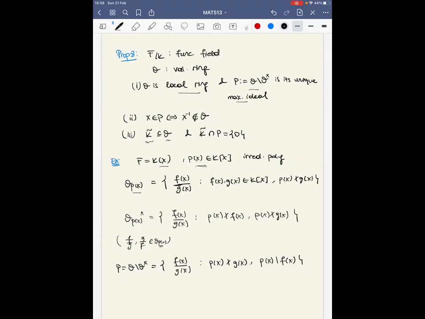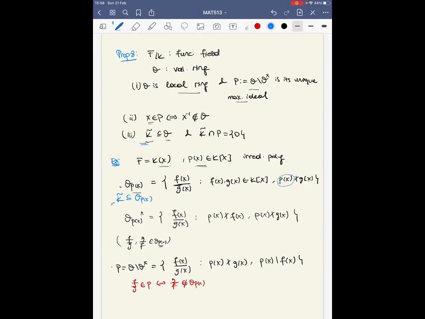And by using these definitions, you can easily check that f over g is in P if and only if g over f is not in O_p(x), and the full constant field lies in O_p(x) because all algebraic elements are not divisible.